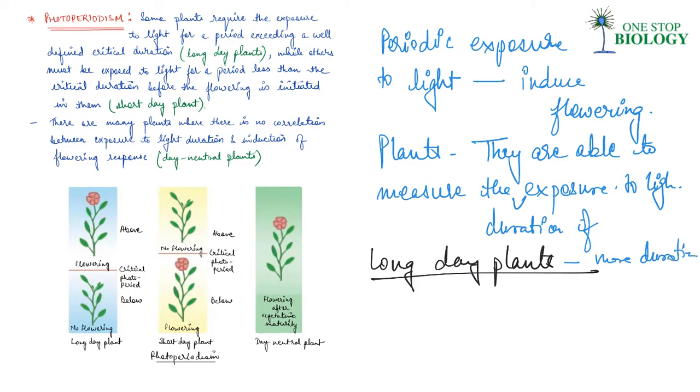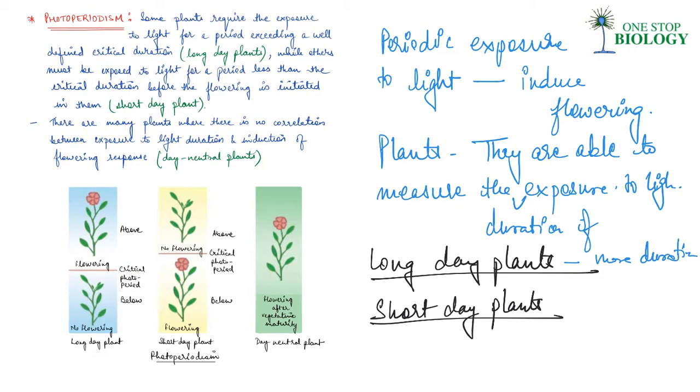And the latter ones, which require a lesser period of light exposure, are known as short day plants. Now let's talk about the critical duration, because we said that normally all plants require a particular duration, which is a critical duration. Now this critical duration is different for different kinds of plants. So you'll have to remember that as well.